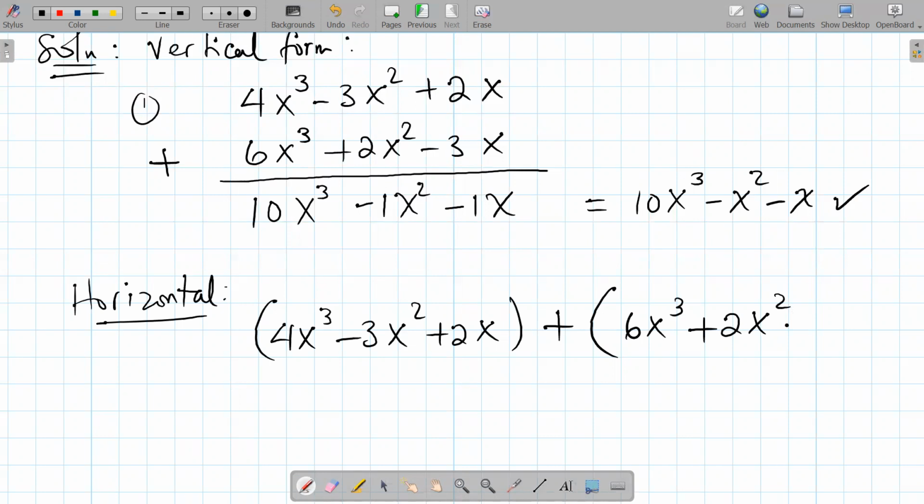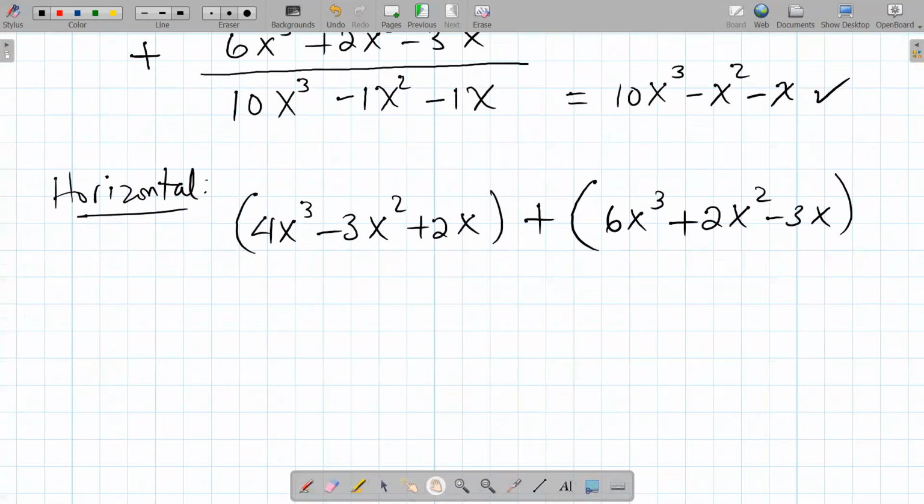X squared minus 3x. So this is how the horizontal form looks like. All that you do is collect terms. I see x cubed here, I see x cubed there, so I can combine those for x cubed plus 6x cubed.